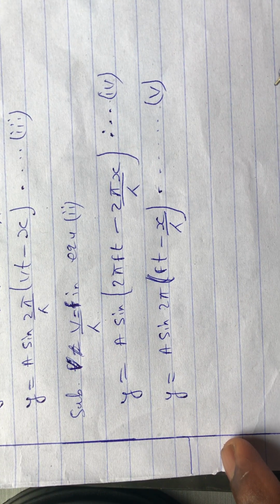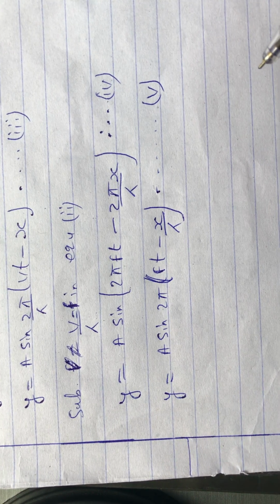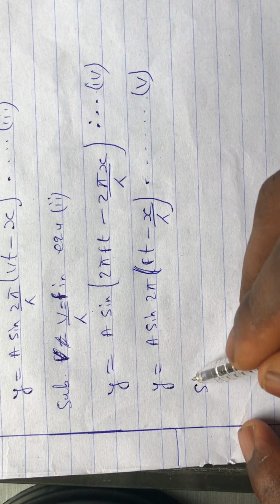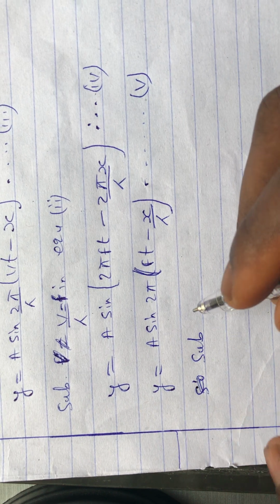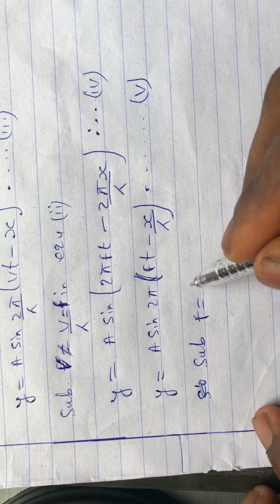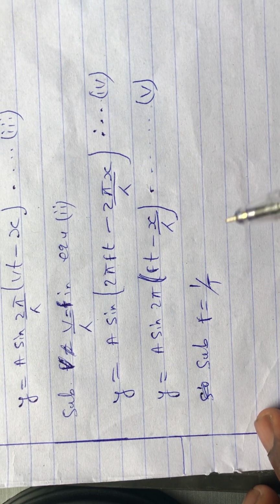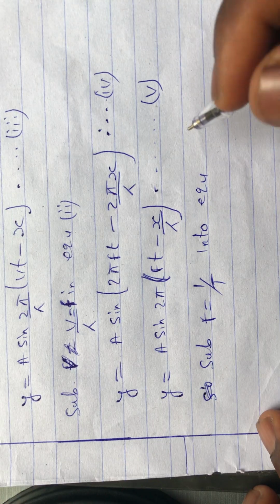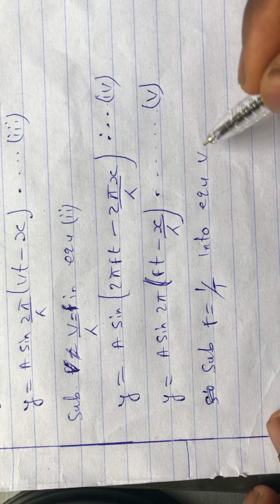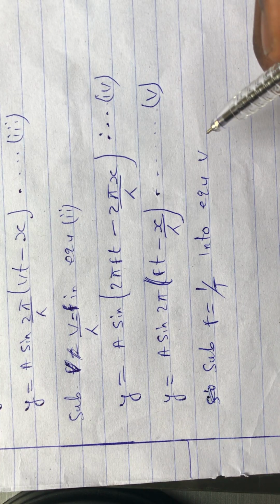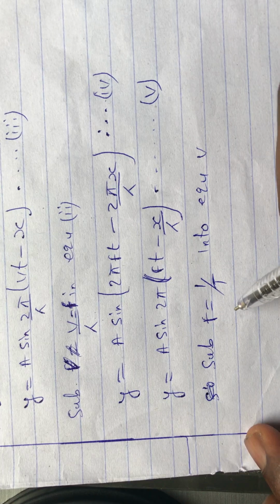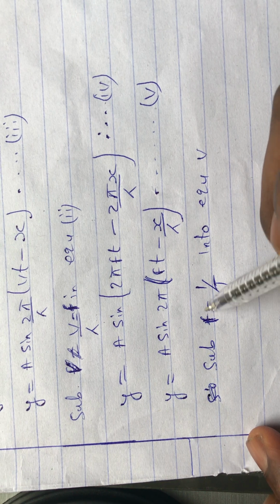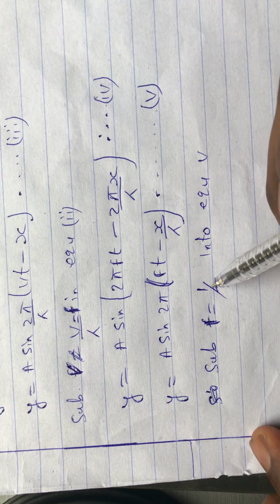Now, listen attentively. Still on wave equation, now substitute f equals 1 all over T into equation V. That means when we see f, we are going to put 1 all over T, because f is equal to 1 all over period.